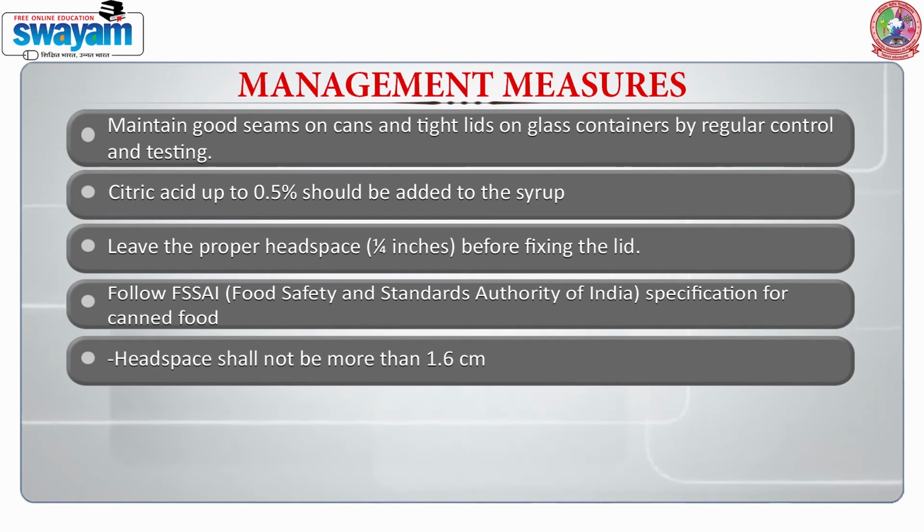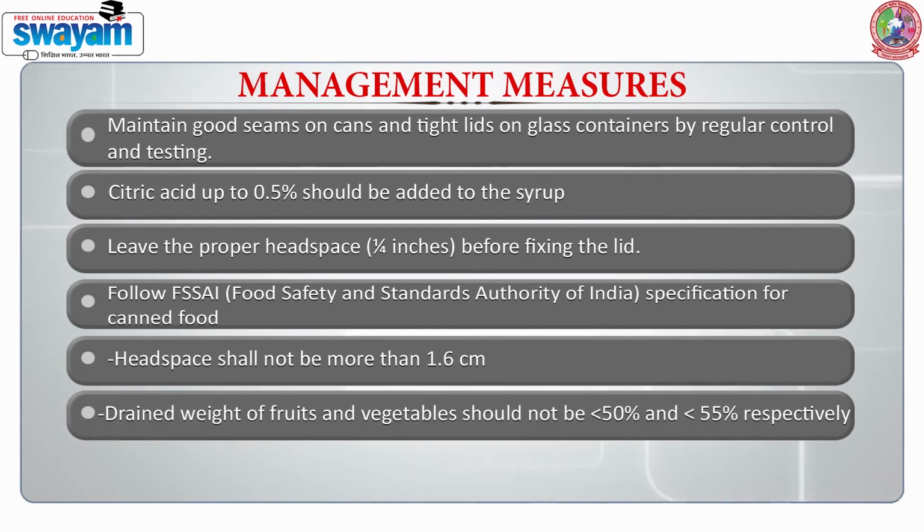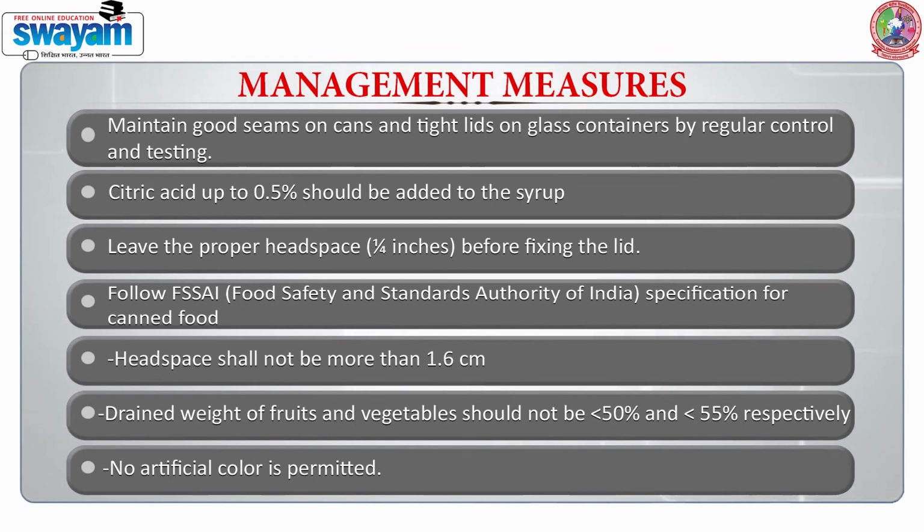The head space should not be more than 1.6 centimeters, and the drained weight of fruits and vegetables should not be less than 50% and 55% respectively, and no artificial color is permitted in canned food.